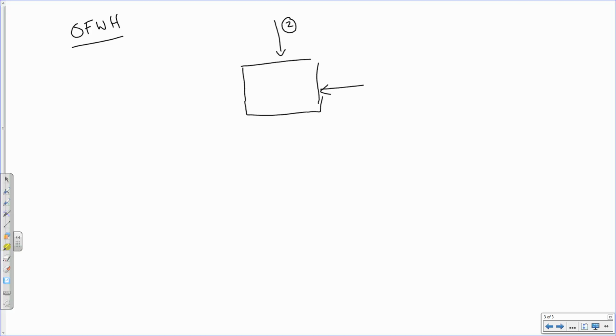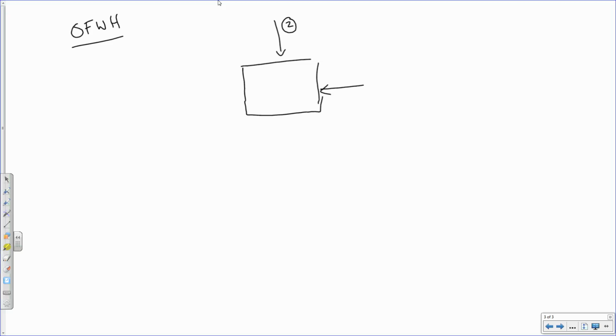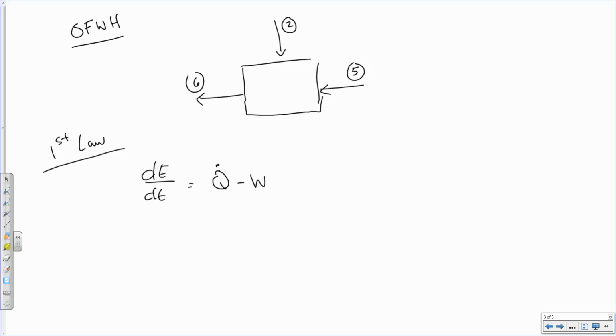The other inlet, if we go back to our diagram, is state 5, and the exit is state 6. 5 was the inlet, 6 was the outlet. First law: dE/dt is equal to Q dot minus W dot plus the summation over all the inlets, m dot i h i, minus the summation over all the exits, m dot e h e.